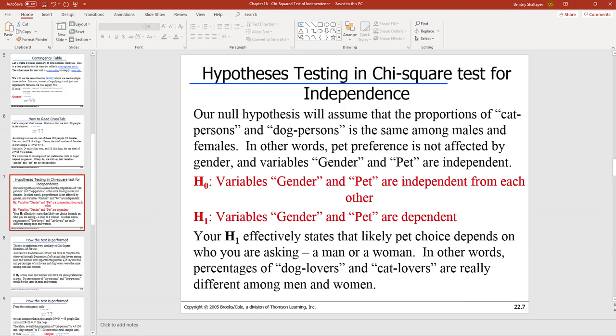In other words, gender and pet are independent from each other. Variables are independent from each other. And I'm going to assume that the null is true, that the percentage of breakdowns is exactly the same for males and females. I'm going to calculate the expected frequencies. What I expect to happen in the male portion of the sample and in the female portion of the sample.